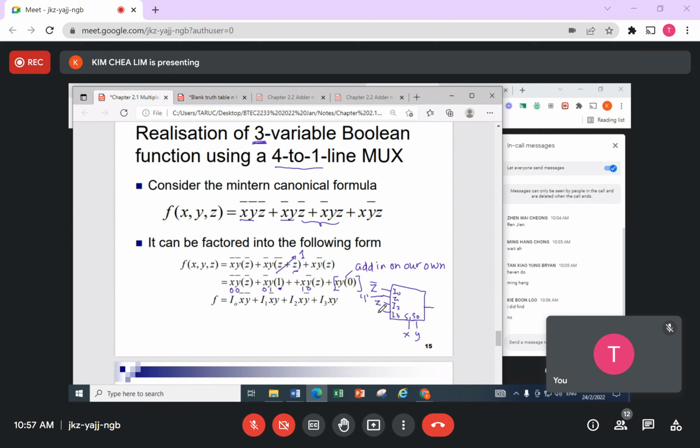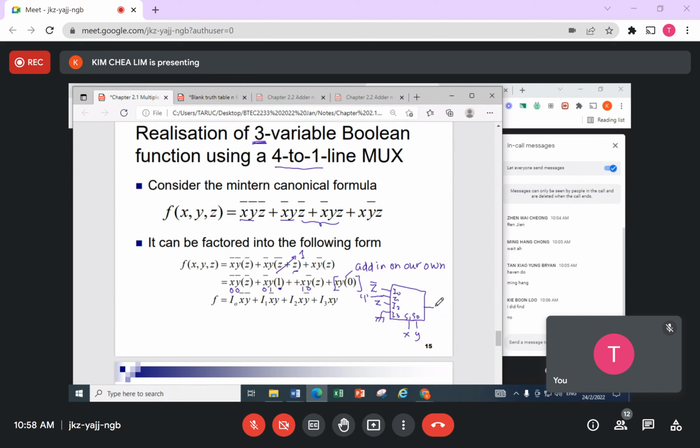Last, the I3 here, I make it shorted to ground. And with this, whatever is the input combination of my XY here, they will pick this one to become the output. And you see the conditions at the output.